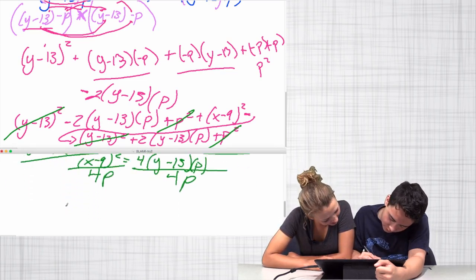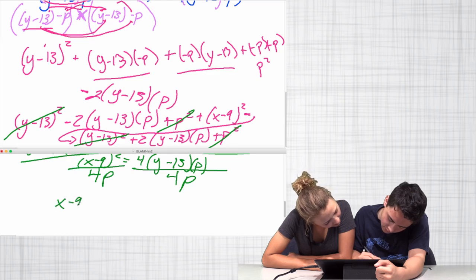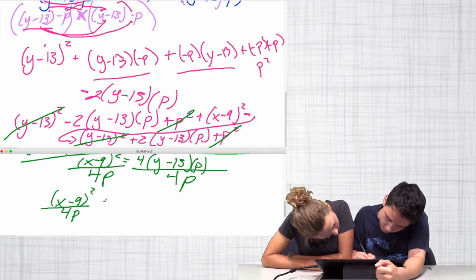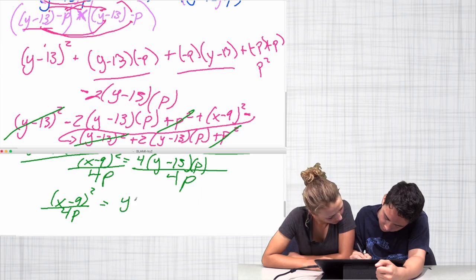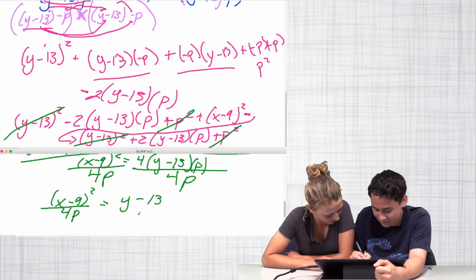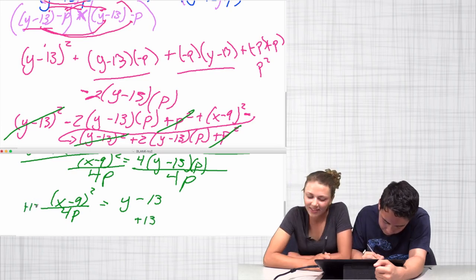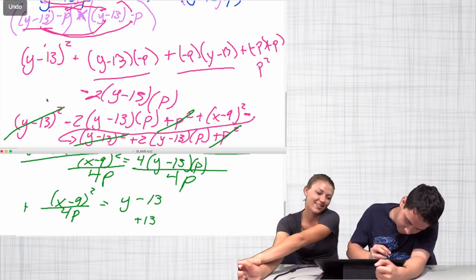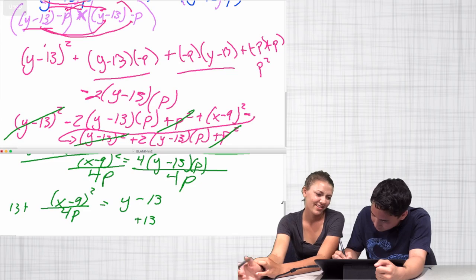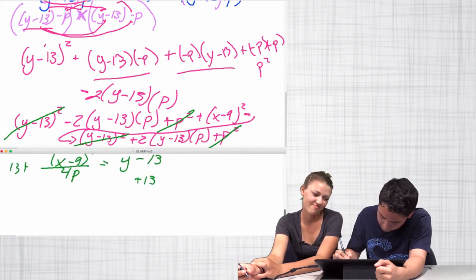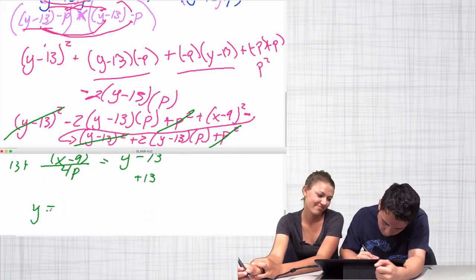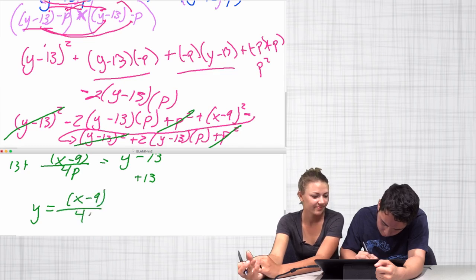So then we get x minus 9 squared over 4p equals y minus 13. And now we add 13 to both sides. Doesn't that look so nice now? And then we get y equals x minus 9 squared over 4p plus 13.